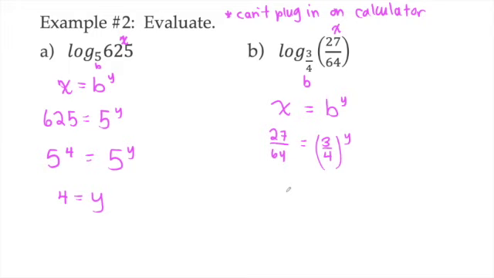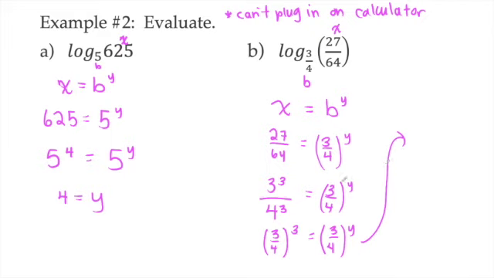So what you can do is think of how you can change 27 to base 3. Well, that's 3 to the exponent 3. How can you change 64 to base 4? Well, that is 4 to the 3. So then you have that equal to this still. Now it's probably easier, you have the same exponent, so write this as (3/4) to the 3.